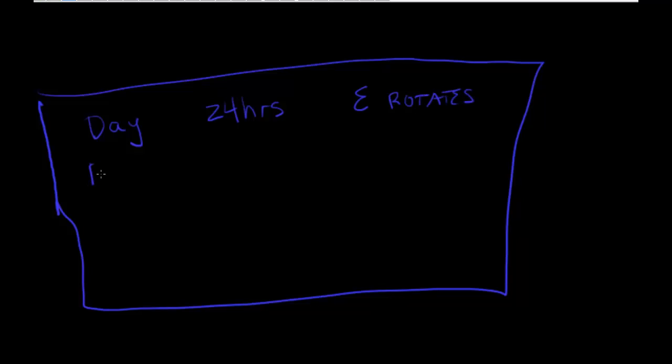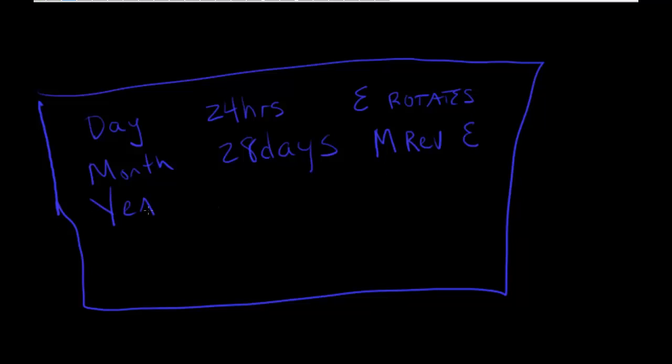We have a month, which is about 28 days, because the moon revolves around the earth. We have a year, which is about 365 days, because the earth revolves around the sun.